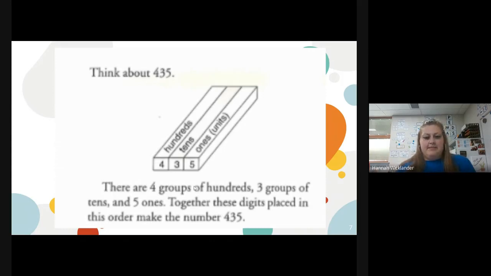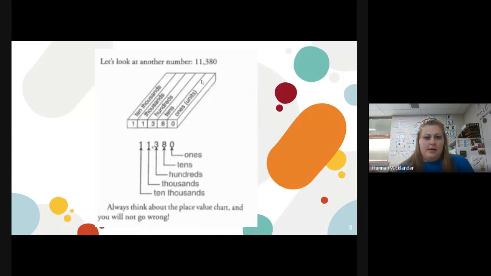Together, when you place them, it makes the number 435. Let's look at the number 11,380. The 0 is in the ones, the 8 is in the tens, the 3 is in the hundreds, the 1 is in the thousands, and the other 1 is in the 10,000s.